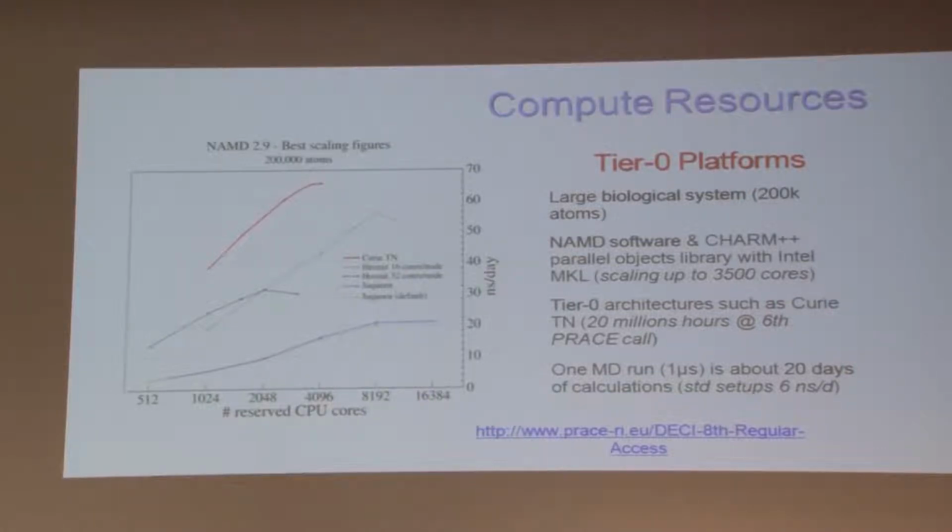So before it was 6, now it's 60 nanoseconds a day. We can easily gain a factor of 10, which is very important, because in the same amount of computer time with these resources, I can reach microsecond sampling, which is maybe not enough to cover the full biological scale, but is very important already. And I can do multiple repeats, which is extremely important to collect statistically meaningful results.